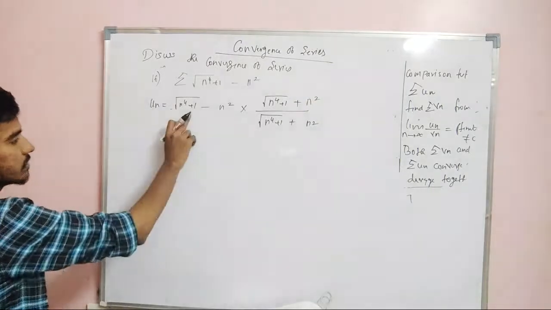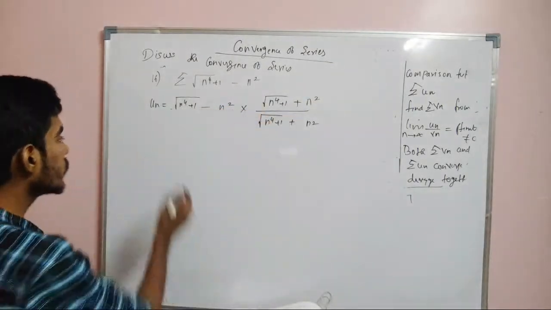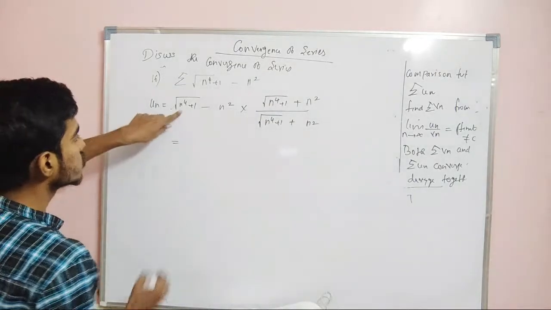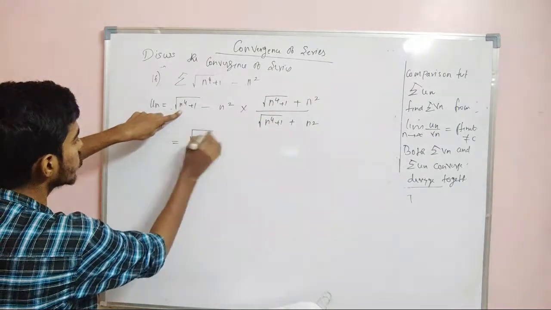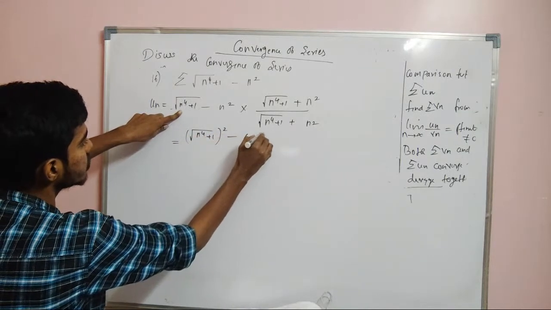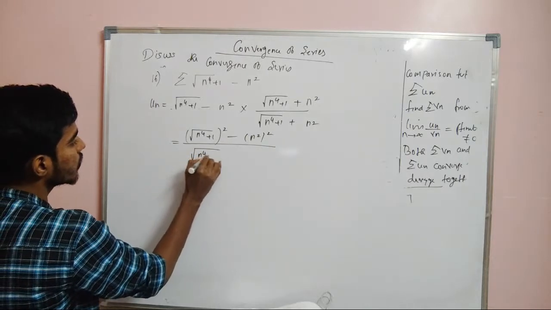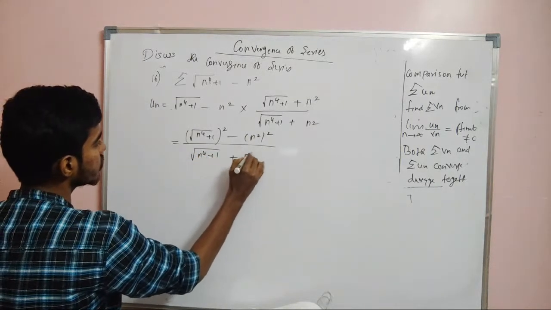Now again you can see this is of the form a minus b, a plus b, which is a square minus b square. So this will be square root of n power 4 plus 1 whole square minus n square whole square, divided by square root of n power 4 plus 1 plus n square.